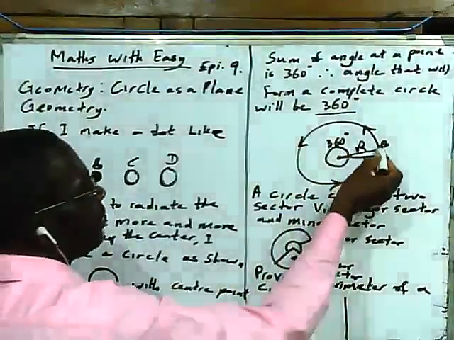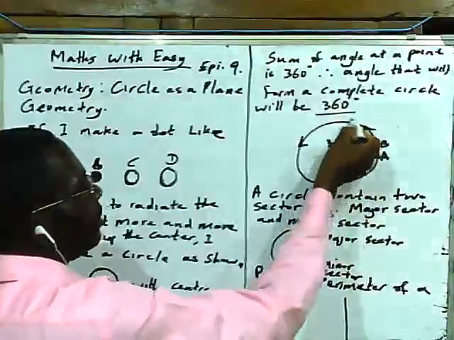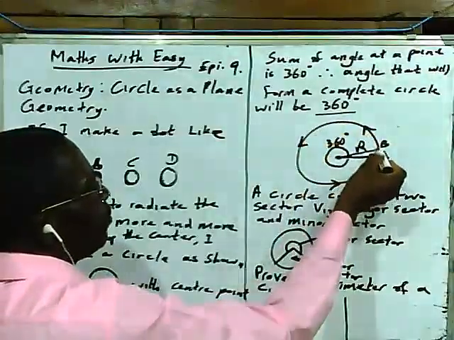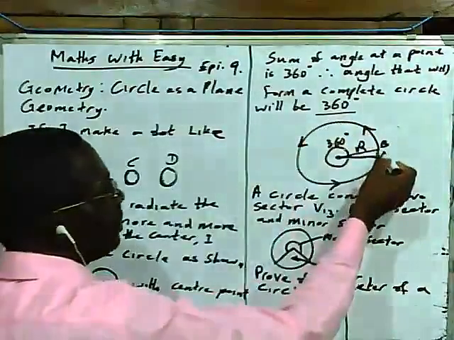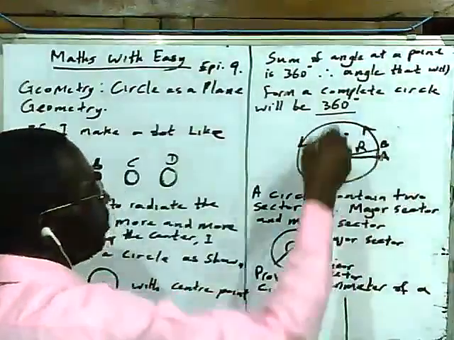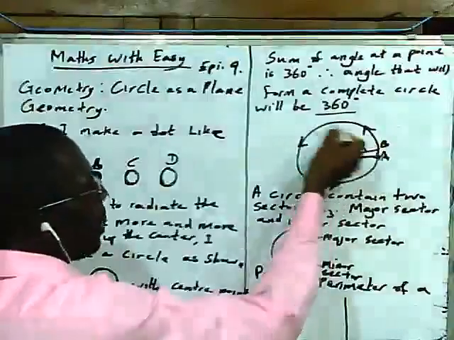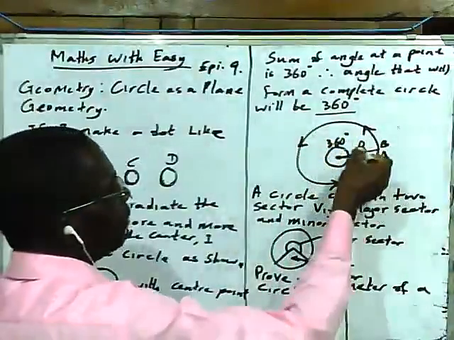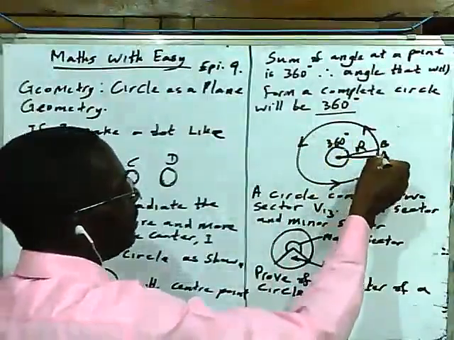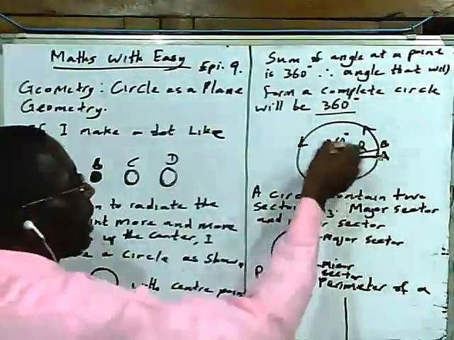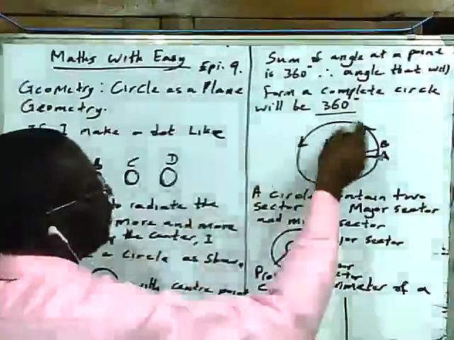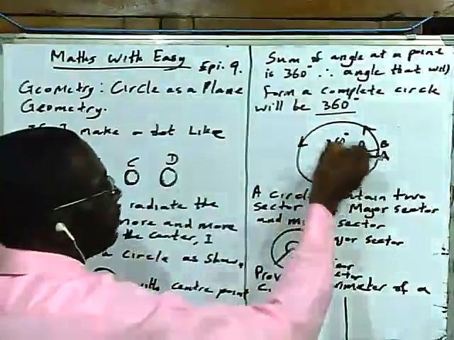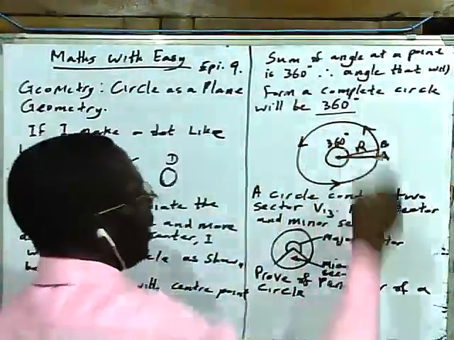Now I radiate this radius, the same radius from this center, moving in this format. It's still that point A that is moving. Now if I move it around the path with constant radius and stop at this point, I've made a point which has a thickness, then the 360 degrees will be the angle.